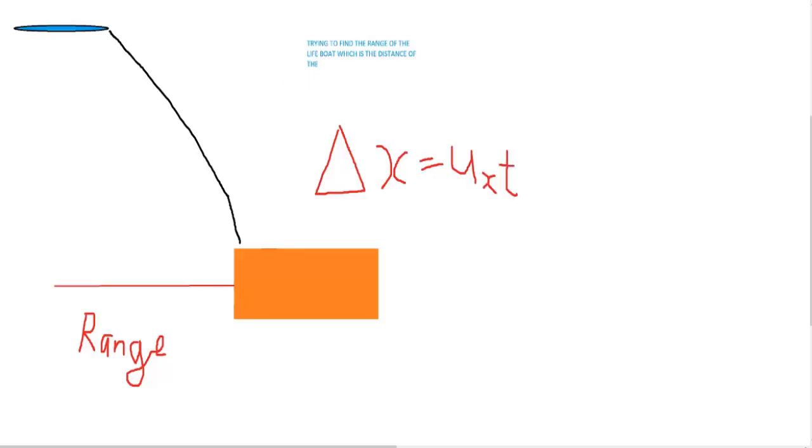If you were paying attention, kids, then you will know the initial velocity is 140 and the time is 15 seconds. So t is 15 and u is 140, which gives you the answer 2,100 meters. So that's everything.